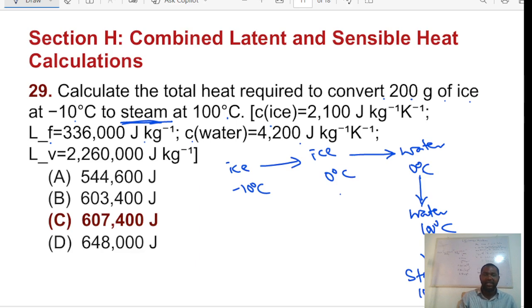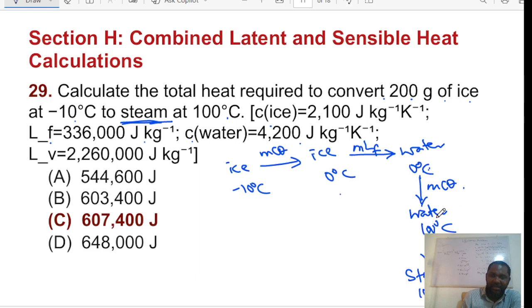So you can see the transformation. It starts with an increase in temperature, which is mc theta. Then once it gets to 0 degrees Celsius, it melts. That is mL, in this case the latent heat of fusion. Now once it finishes melting to water at 0 degrees Celsius and you keep heating, the temperature increases to 100 degrees Celsius. That increase in temperature makes it mc theta.